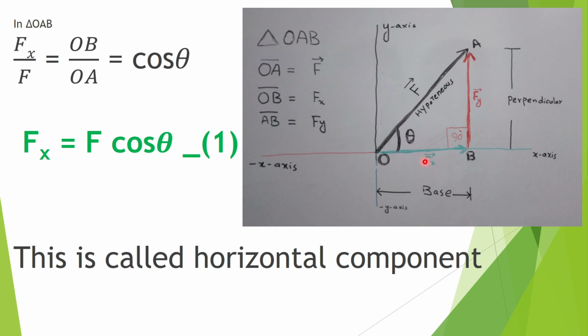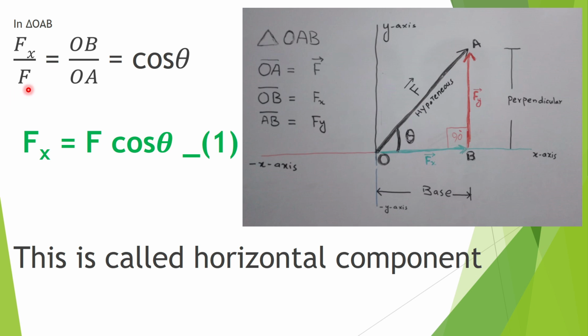So OB is your base, and OA is your hypotenuse. As I told in the trigonometric ratios, cos theta will always be equal to base over hypotenuse. So this is your base, and this is your hypotenuse. So cos theta equals Fx over F.